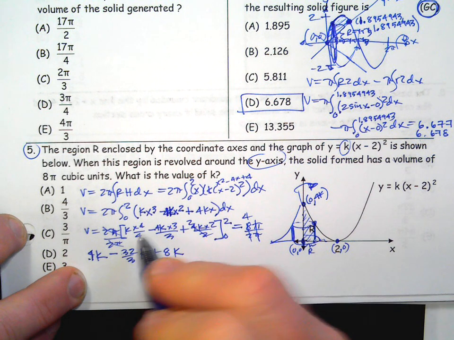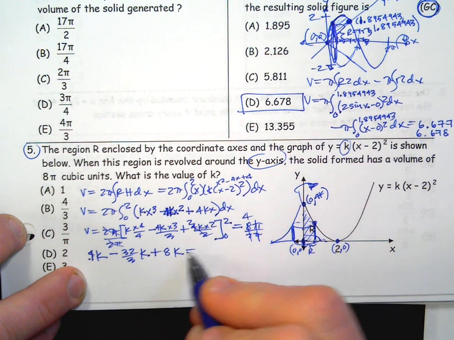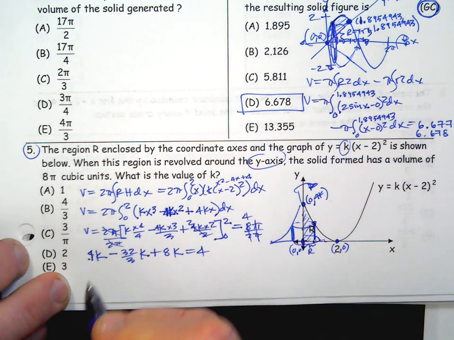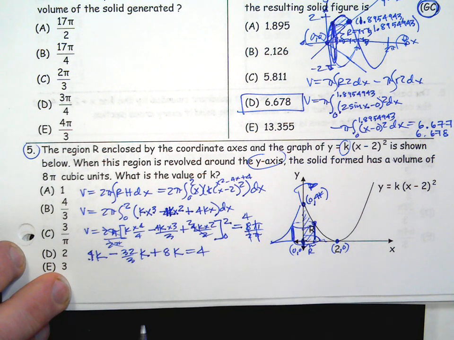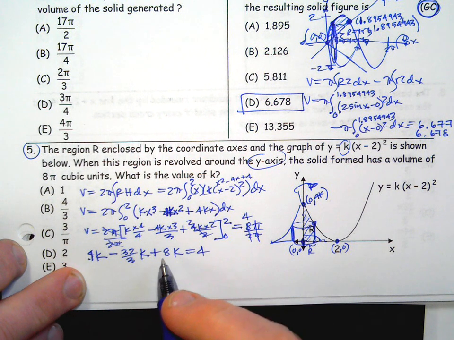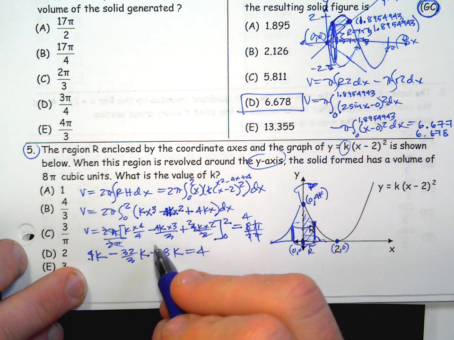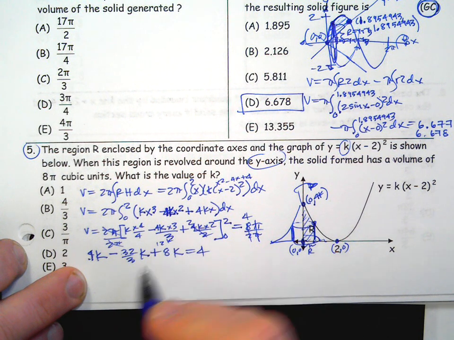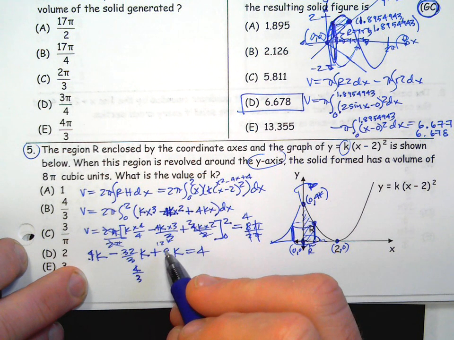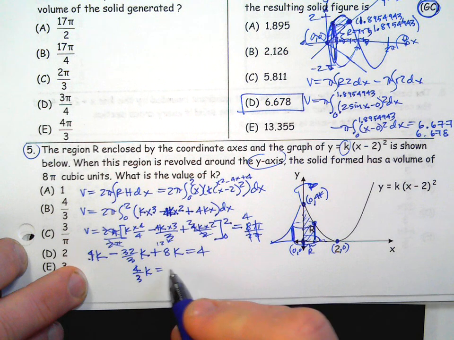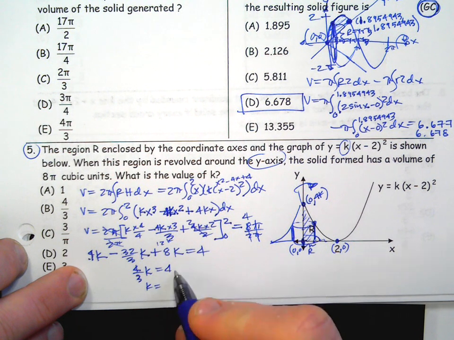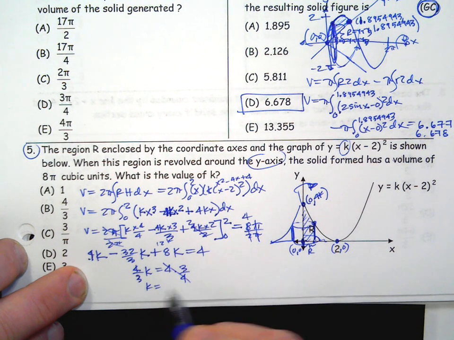If you plug 0 in, just make sure it does give you 0. And then we're going to solve this equation. Actually, I think we could probably solve it by hand because this is all just k to the first power. So let's see, we're going to have 12k, and the least common denominator would be 36, so that'd be 4 thirds k equals 4, so k equals 3.